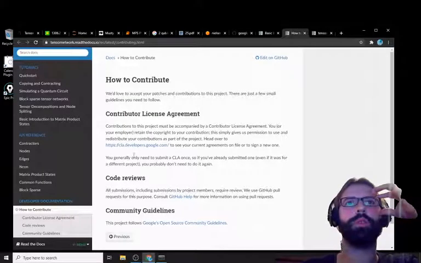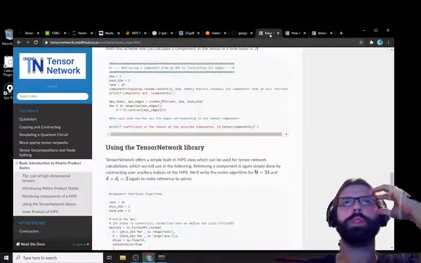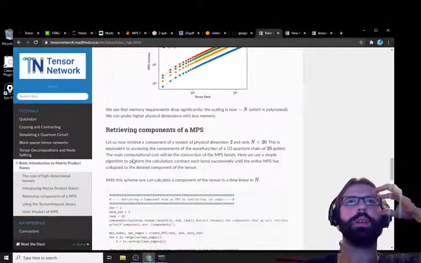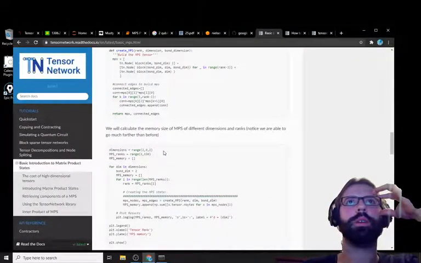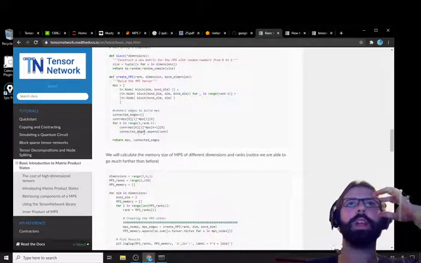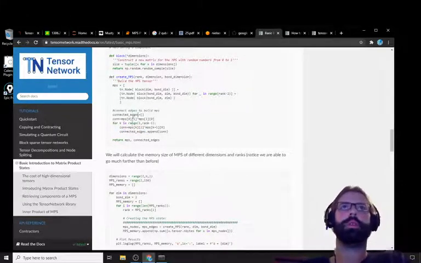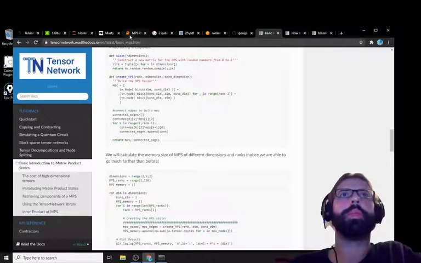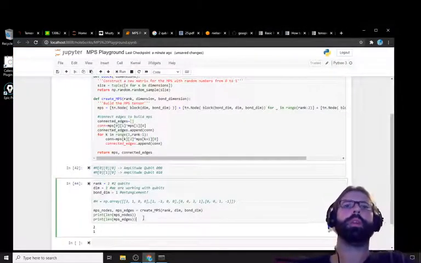Code reviews. Contributor license. I have no idea. I've never contributed to this, but I think that is definitely a bug, because you're creating the connection, but you're not adding it to the connected edges. Yeah, that's definitely a bug. Okay, but now that makes sense.